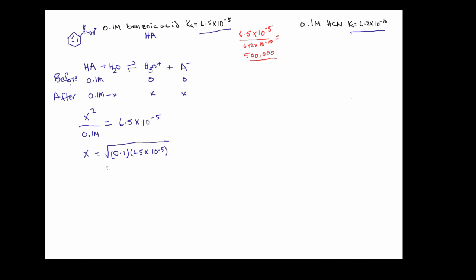My x is going to be equal to 0.00255 molar, and that is equal to the H3O plus. Remember, this equilibrium dominates, so this is going to be the H3O plus value in both equilibriums, and the A minus, where A minus is the benzoate ion.